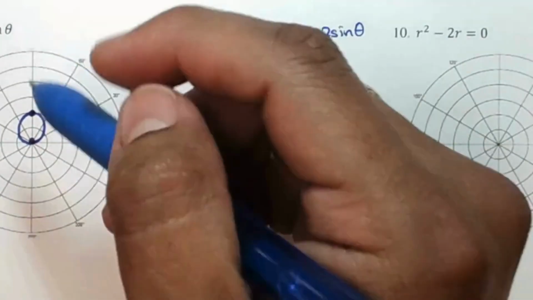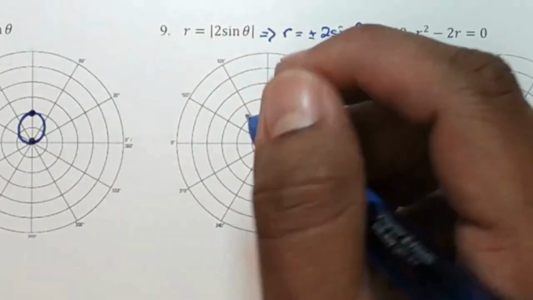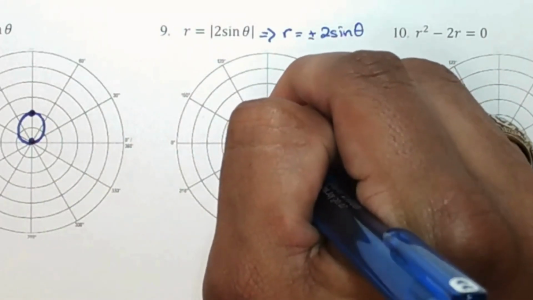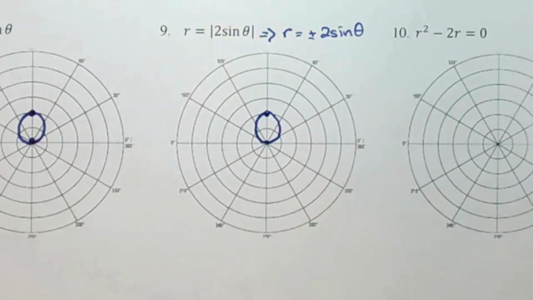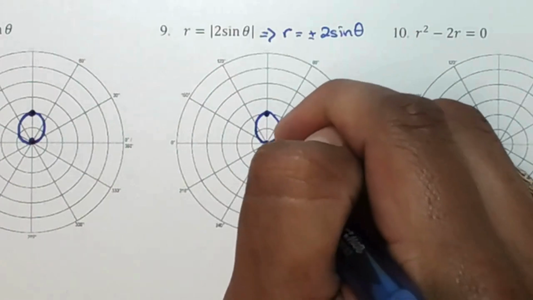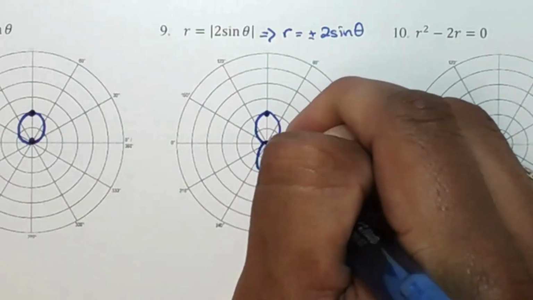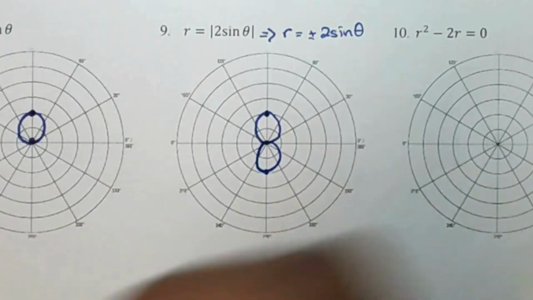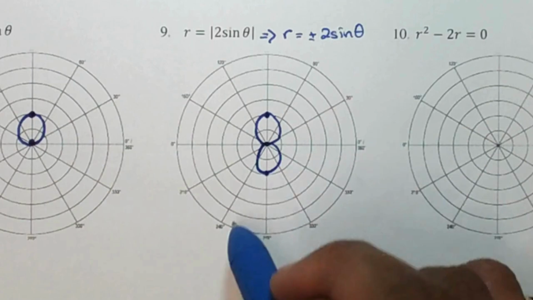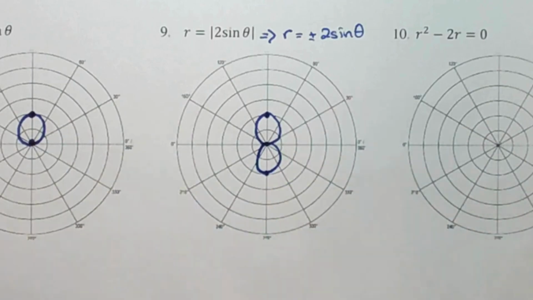Well, we just talked about what happens if I have a positive petal length of 2. It just looks like this on sine. Well, what happens if I have a negative petal length? Well, it ends up going down here. So we almost have an infinity symbol or a 2 petal rose, but it's only on that y-axis. So if it's cosine, it will change it to be on the x-axis.